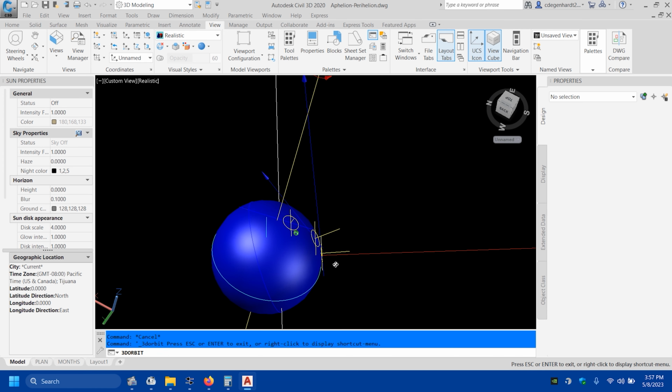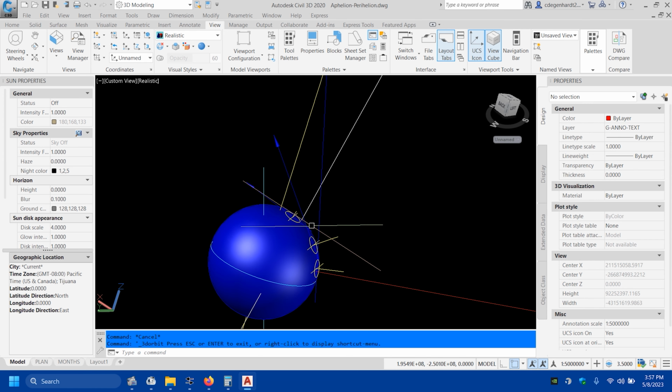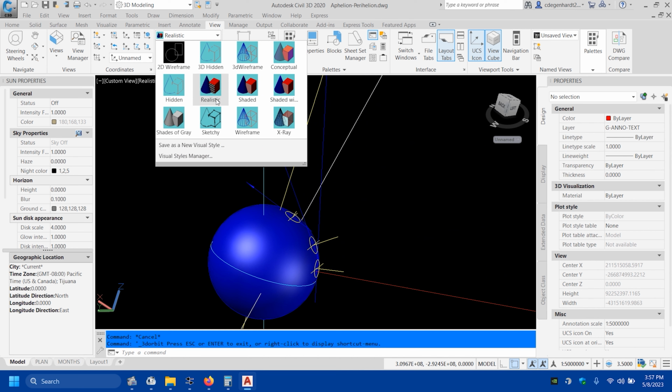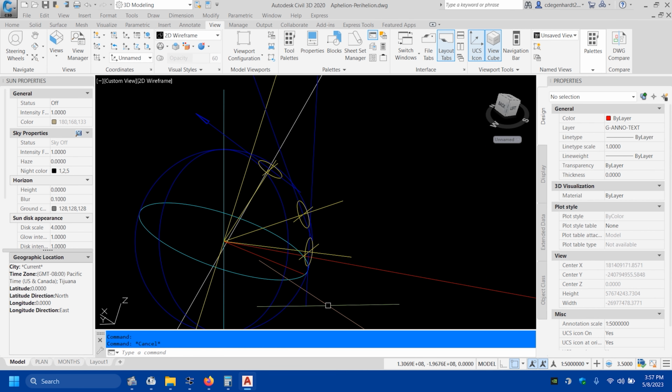Okay, now I can take measurements. So I need to draw a line from here and from here and here.